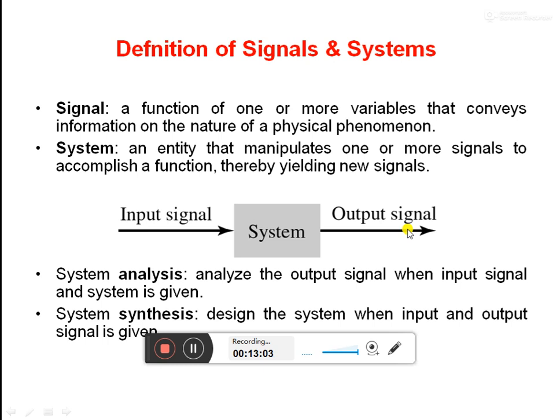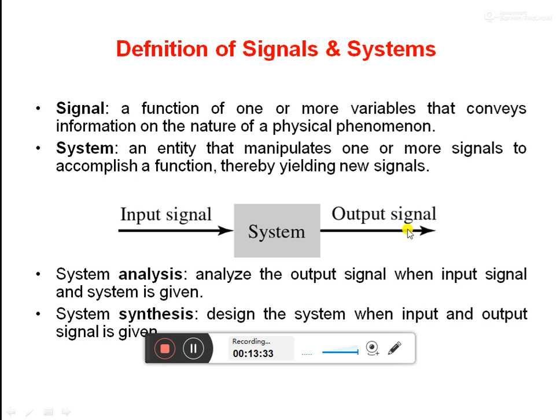For that purpose, we require a system, a medium which transforms the signal into another form, or modifies or manipulates one or more signals for a particular operation. In a system I can have a number of interconnected elements performing a particular operation by receiving an input signal. So this is a simple definition of a system.